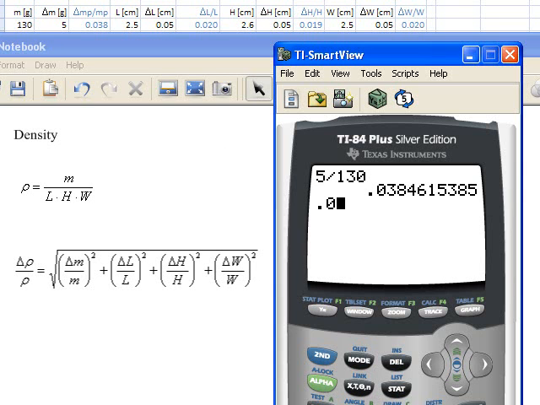So again, 0.05 divided by 2.5, and there is that 0.02, the 2%. The same thing happens for the width. For the height, this measurement is a little bit different: 0.05, the same error, divided by 2.6, so a little bit less than 2%, and there it is, 0.019. Then you take these four results.